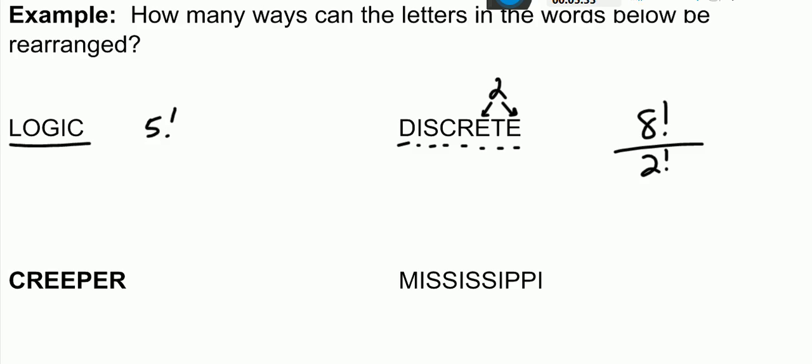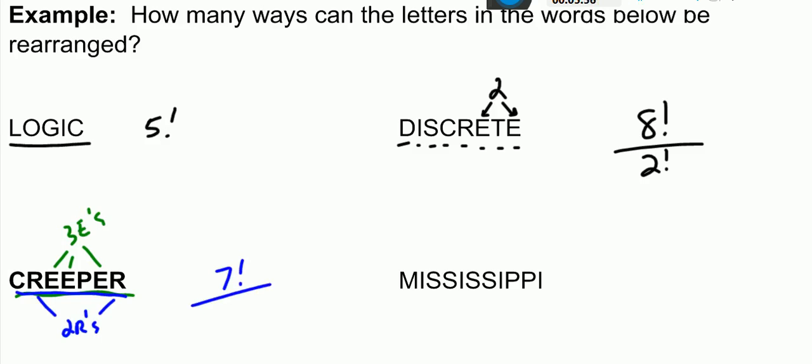Now let's look at a third example where we have more repetition. I have 1, 2, 3 e's here, and then I have 1, 2 r's here. The word creeper is actually 7 characters, so I start off with 7 factorial.